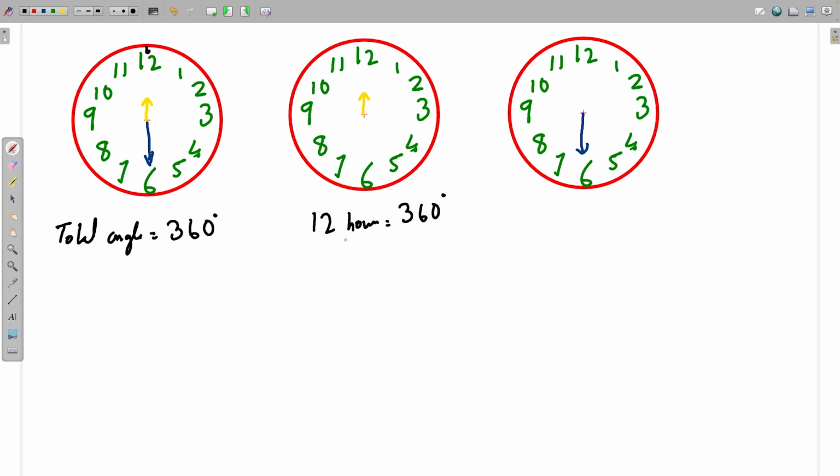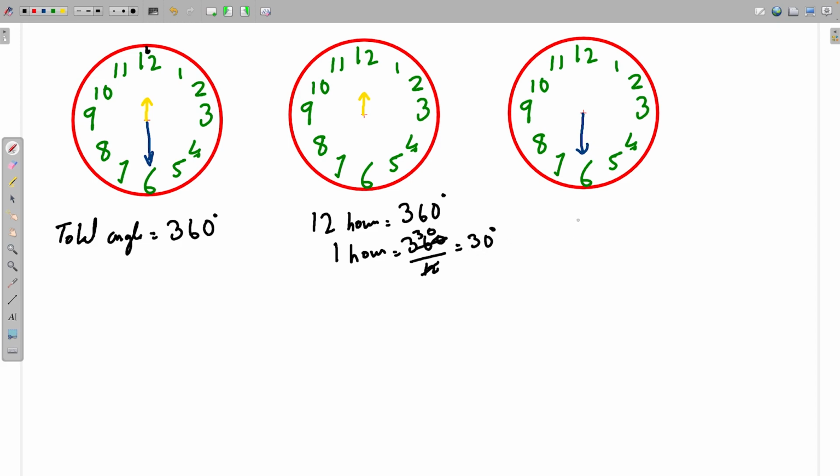So for each hour, the hour hand moves 360 by 12. 12 threes are 36, and we have the 0, which means it moves 30 degrees. So for each hour, the hour hand moves 30 degrees. We can bookmark this.